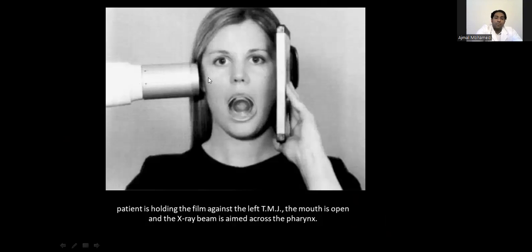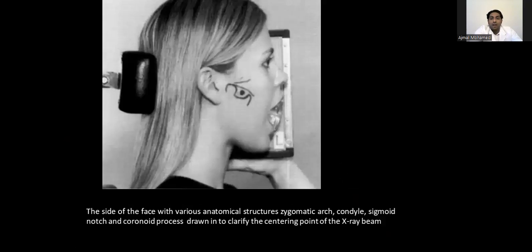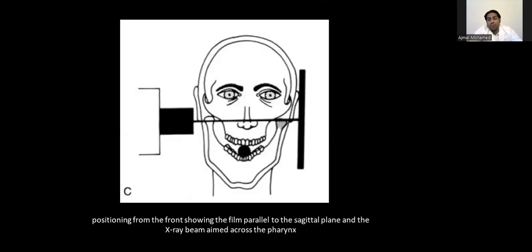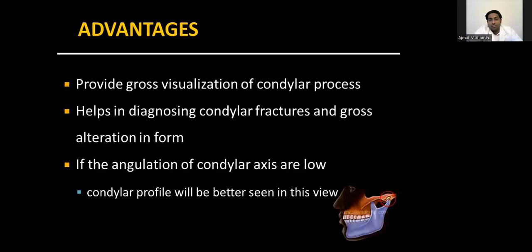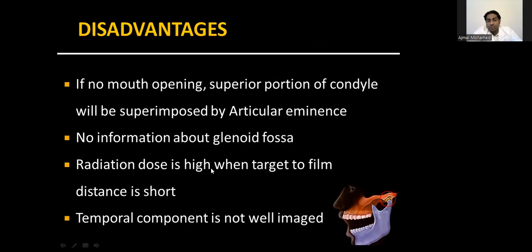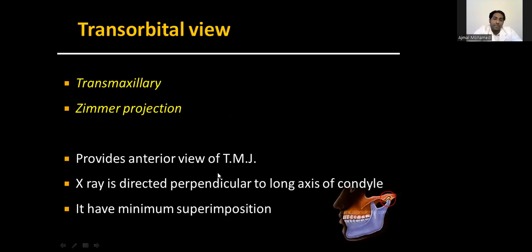This is called the Parma modification. We are doing this to get the TMJ in a magnified version, and it will also help to avoid superimposition. But the problem is that the radiation dose will be high when we do the Parma modification because the target to film distance becomes short.